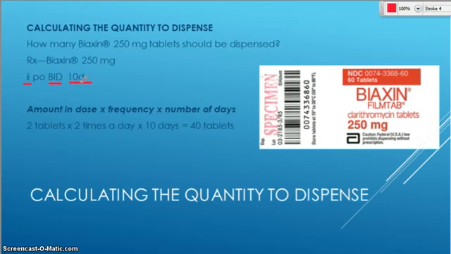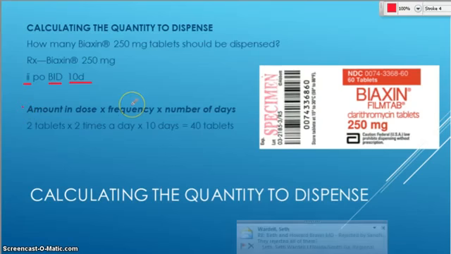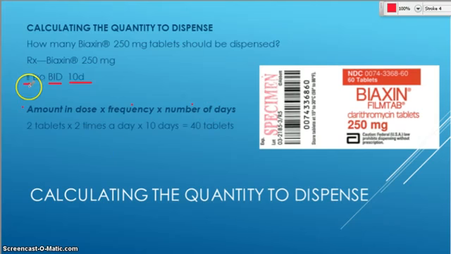So calculating the quantity to dispense, we use the formula amount in a dose times the frequency times the number of days. Amount in the dose, the doctor said take 2 every time, so it's 2 tablets, 2 times a day for 10 days. So 2 times 2 times 10 is going to be a total of 40 tablets that we're going to be dispensing.